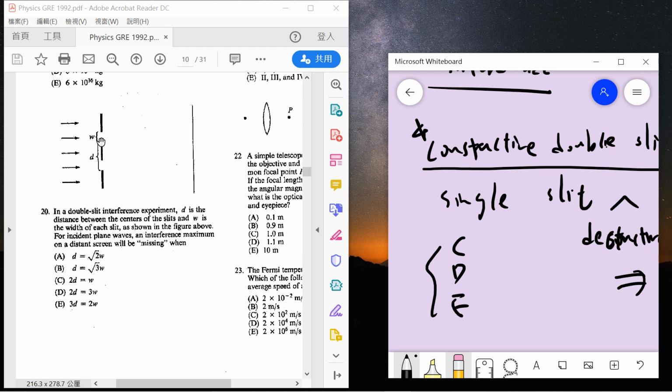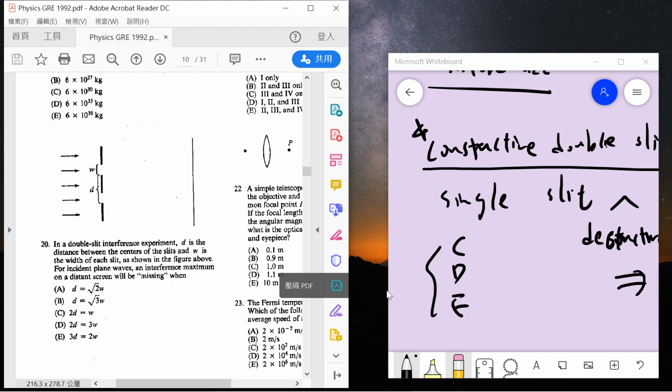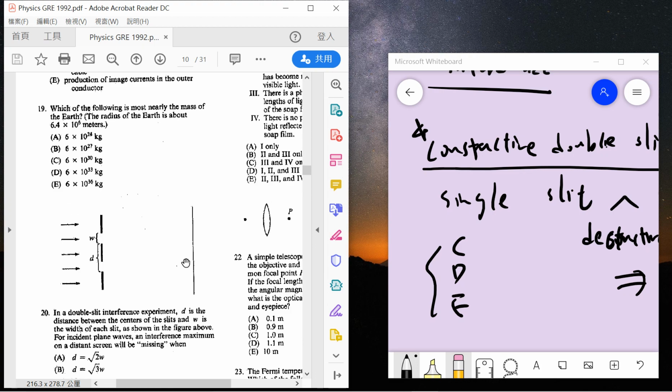If the single slit is larger than the double slit spacing, then the single slit formula does not make sense. So the only answer that makes sense is D. The only answer that makes sense is D. So for this kind of question, it's hard to just do the computation. I don't want to say that, but sometimes you need to use physics intuition to help you get the answer.